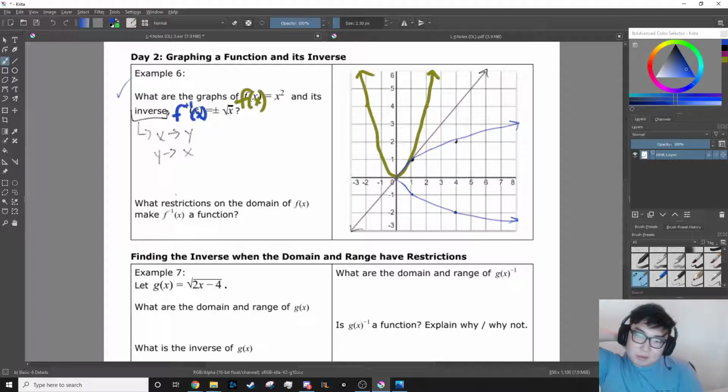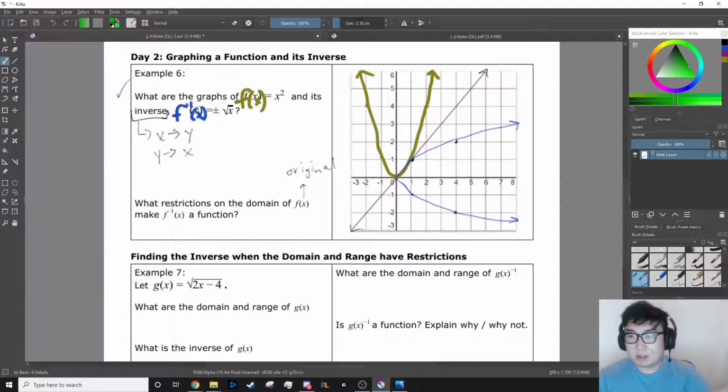So the second part says, what restrictions on the domain of the original can we make so that the inverse of f of x is a function? Because we can see that right here, this blue line, or my inverse, is not a function.